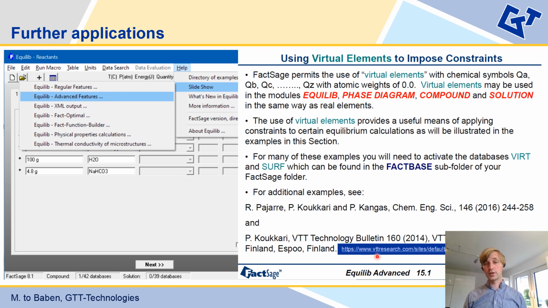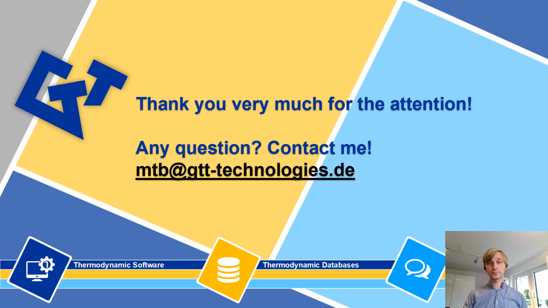I also included a link here that you can click on to get the second reference when you use the slides that will be uploaded later on our website. I'm very much looking forward to the next presentation by Pertti, who will show that you can use the virtual system components not only in Equilib but also in the phase diagram module.